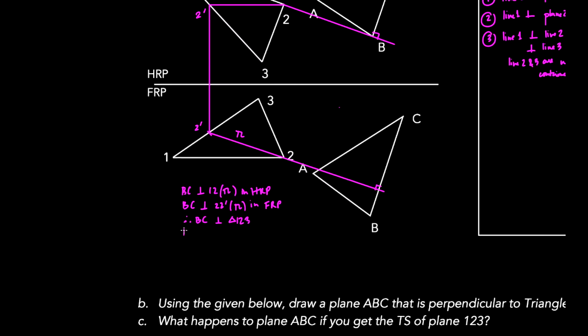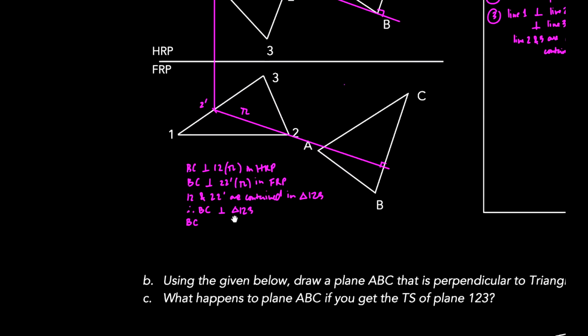And actually nag-skip ako, no? Hindi ko na sinulat yung 1, 2 and 2, 2 prime is contained in 1, 2, 3. Pero sige, I can write that down para mas malinaw yung explanation natin, no? 1, 2 and 2, 2 prime are contained in triangle 1, 2, 3.